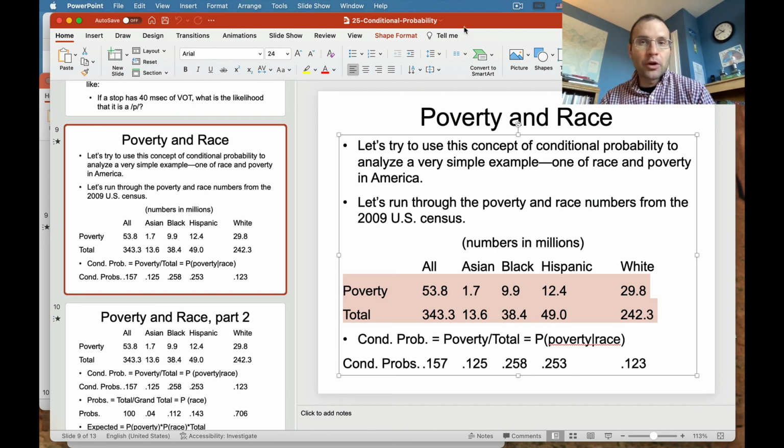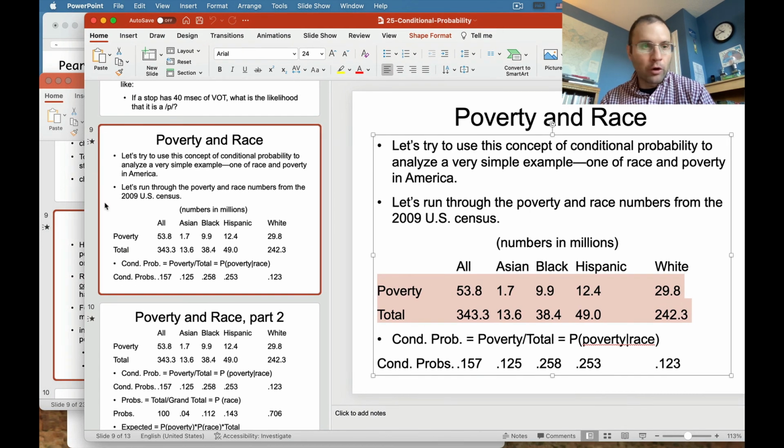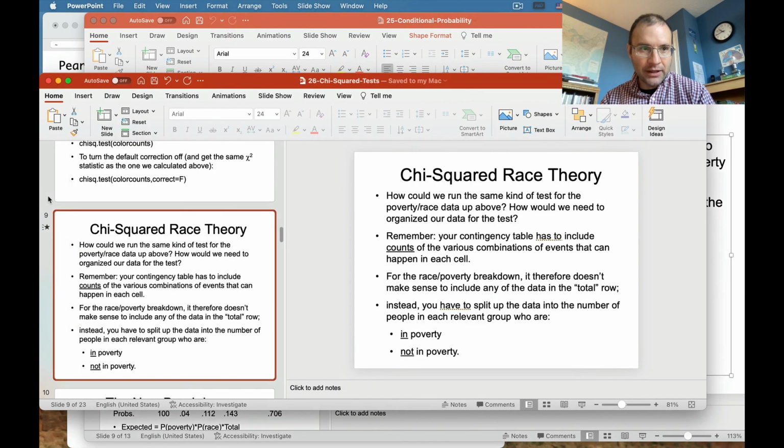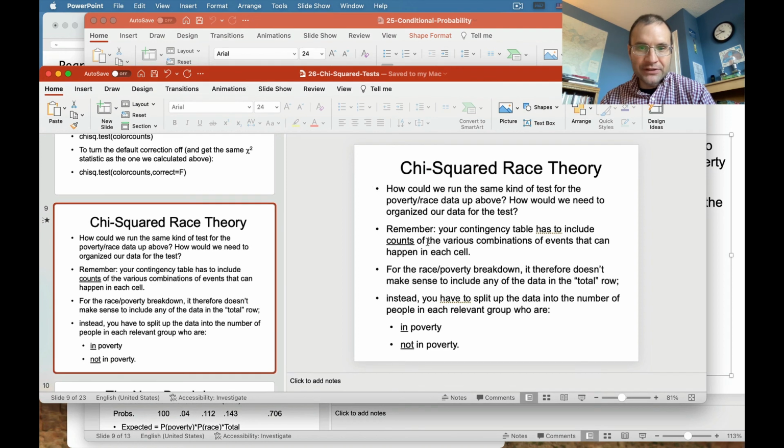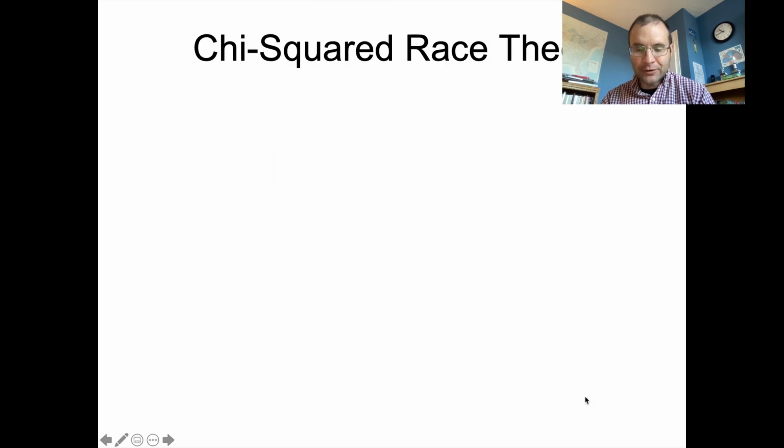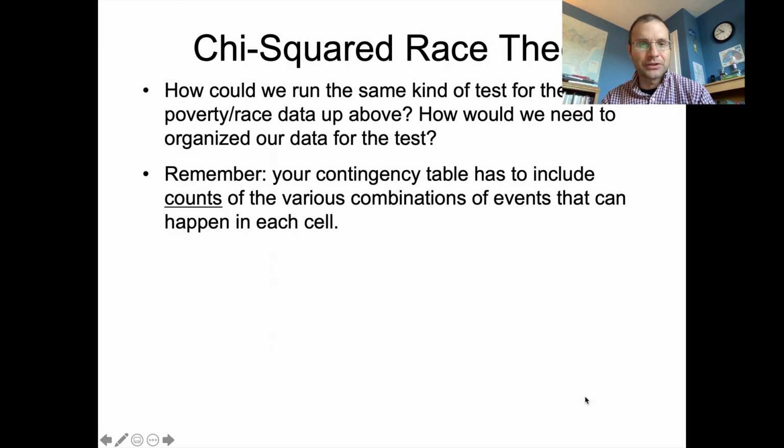But we can't actually organize a table that way for a chi-squared test to work in R, because again, we have to structure our data in the form of what's called a contingency table, and that has to include counts of the various combinations of events that can happen in each cell.